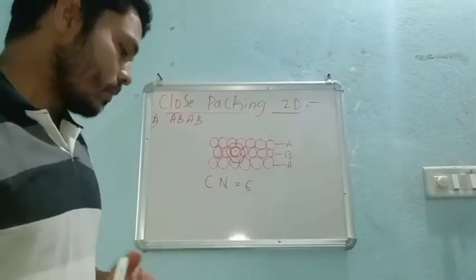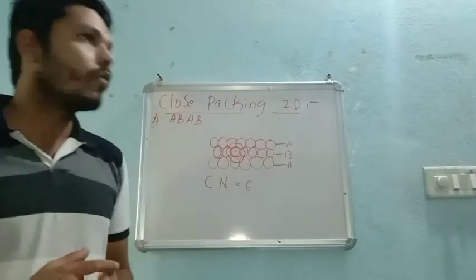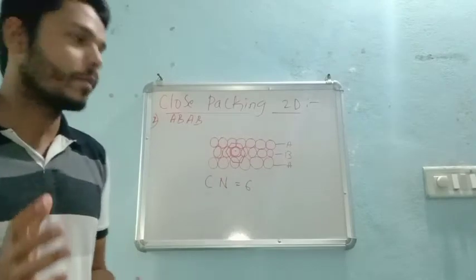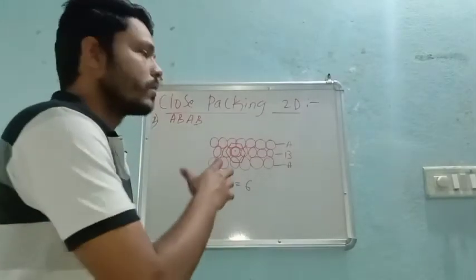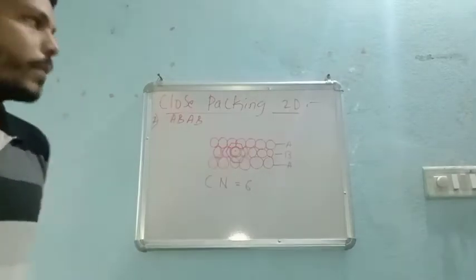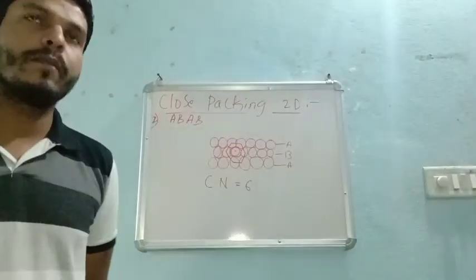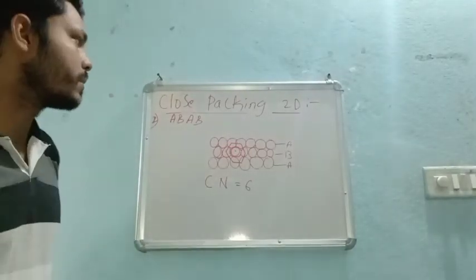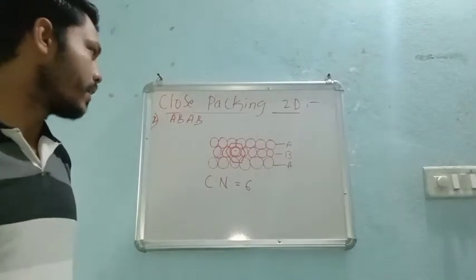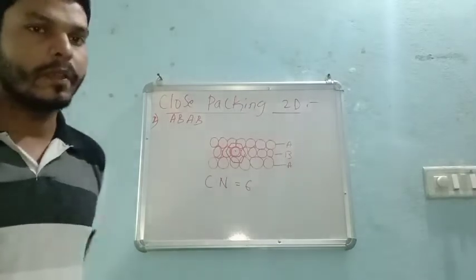So in 1D and 2D, we saw the coordination numbers. These are very important for competitive examinations, and also to understand the further concepts that come in this chapter. So these parts are very important, right?